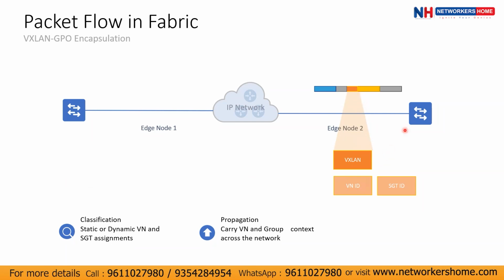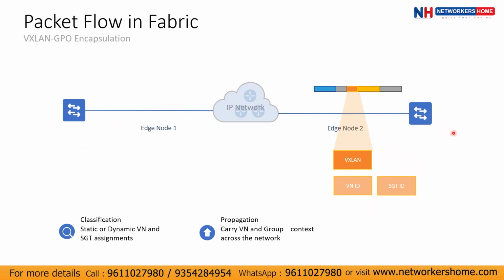Okay. So whenever this packet comes here, it will do the decap, and on decap, it will identify that VN and SGT. The first criterion is the VN to match, right? If both endpoints are in the same VN, then it will further check the SGT. Suppose SGT value 10 is mentioned for the user, and on this particular fabric edge node, it downloads all the policy from ISE on whether 10 is allowed to 20 or not.